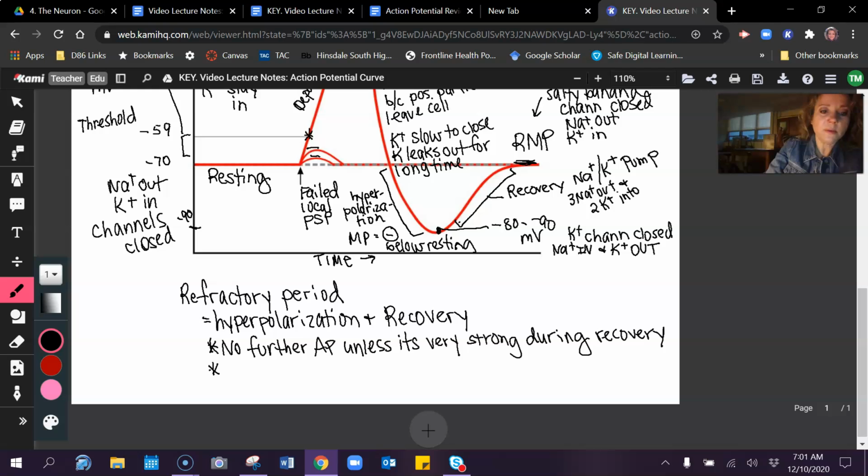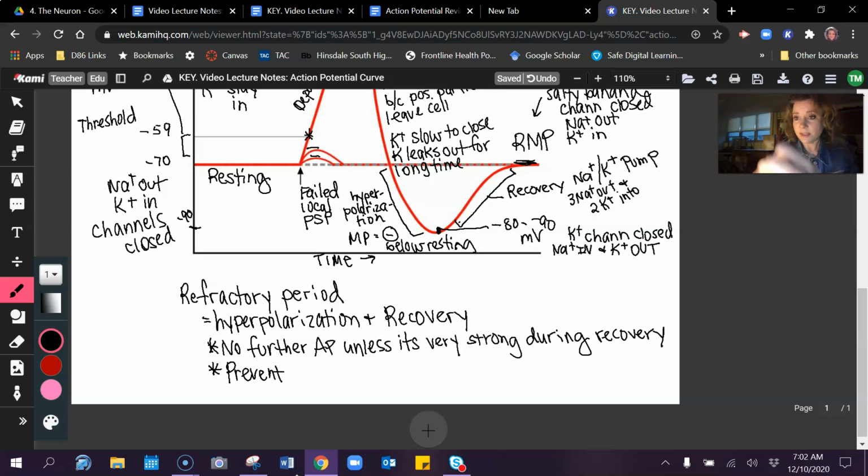The other thing that the refractory period is going to do is to prevent bilateral travel of action potentials. Like, it's going to prevent action potentials from flowing from the axon terminal back to the cell body.